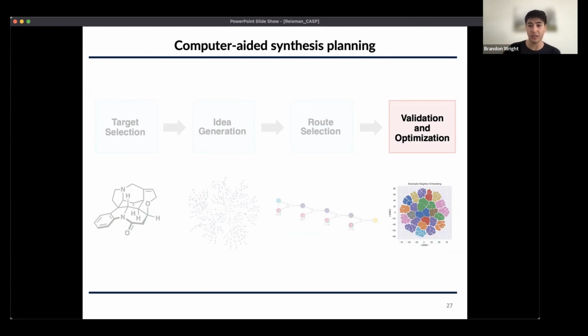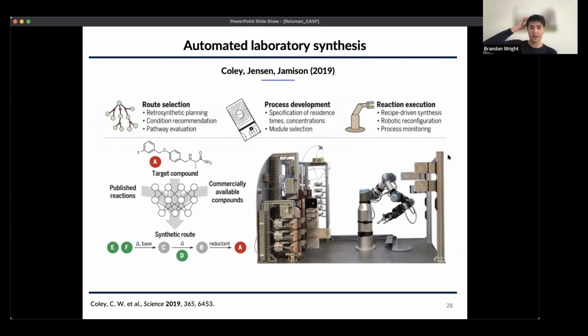We have to go actually do it in the laboratory. And while we maybe take for granted that we're using our own two hands to do this, that isn't necessarily true in the computer world. And so people have turned to things like robotics as a really interesting way to automate even the execution phase of laboratory synthesis.